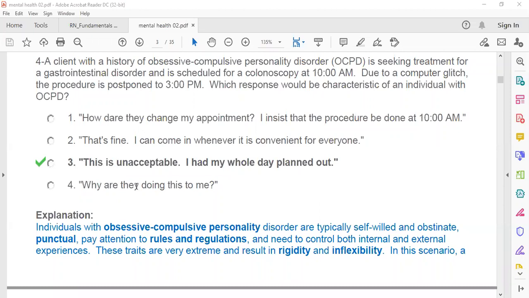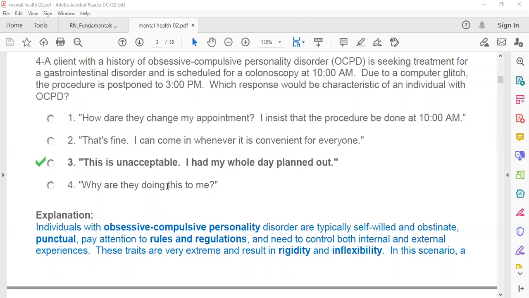Why are they doing this to me? This is actually suspiciousness, paranoid. Paranoid people distrust others and are always suspicious of others. So number 4 reflects somebody willingly doing this, right? So it is the paranoid nature.